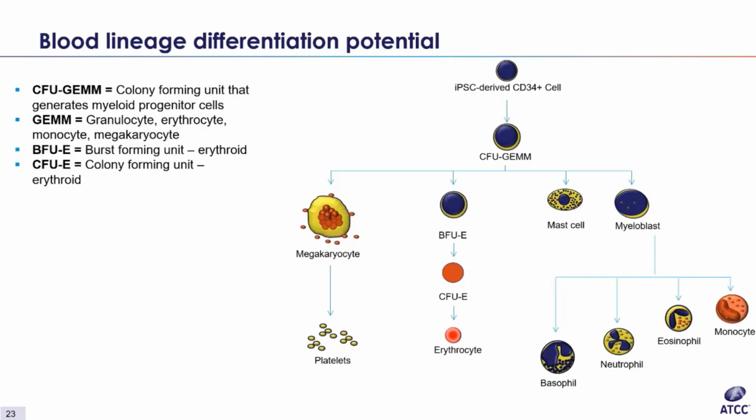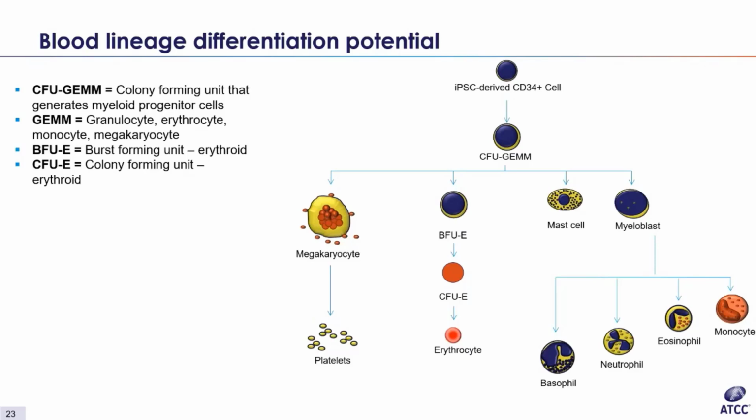These further differentiate into a mixed bag of progenitors. Megakaryocytes, which give rise to platelet progenitor cells and platelets. BFU-E, or burst-forming unit erythroid, which lose their nucleus, produce hemoglobin, and differentiate into CFU-E, or colony-forming unit erythroid, which give rise to mature erythrocytes or red blood cells.